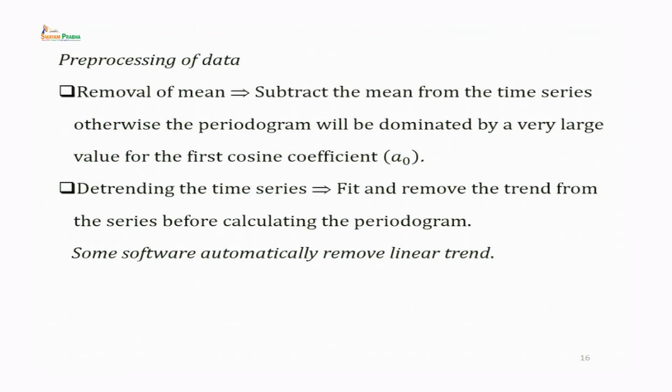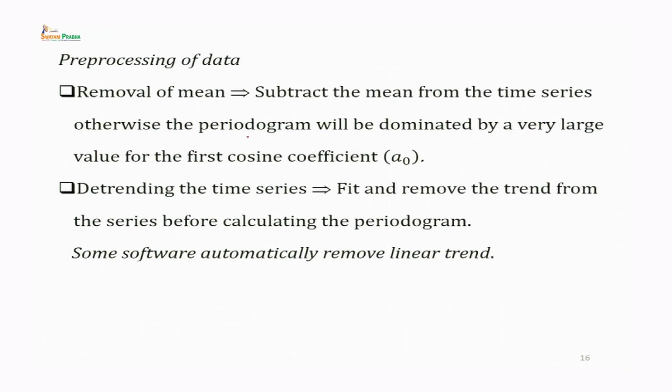Now, before doing the periodogram analysis of a given time series, you require some pre-processing procedures to apply to your data. The first is removal of mean. You subtract the mean from the time series. Otherwise, what happens?